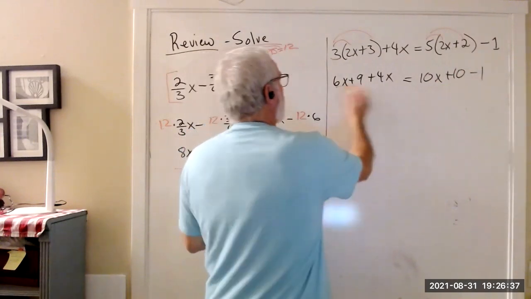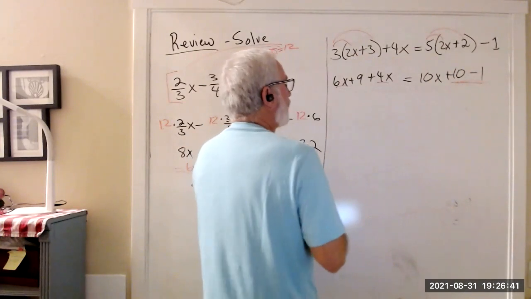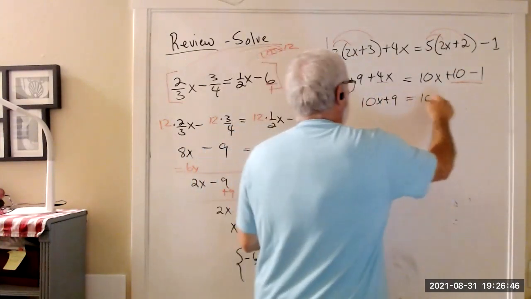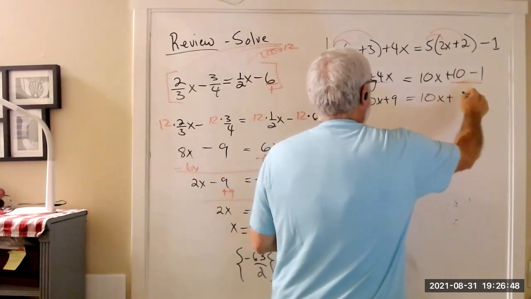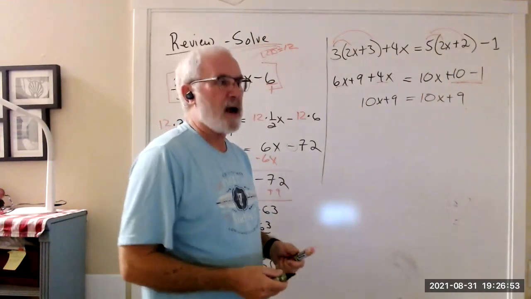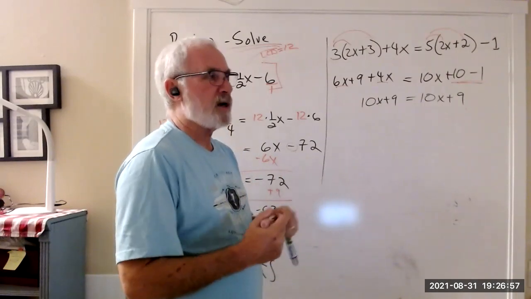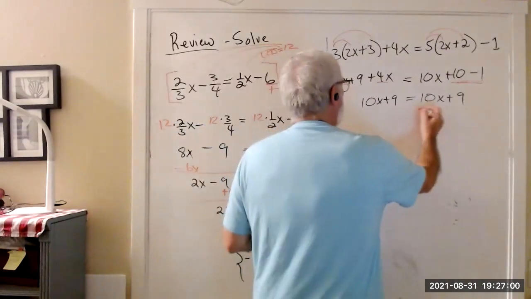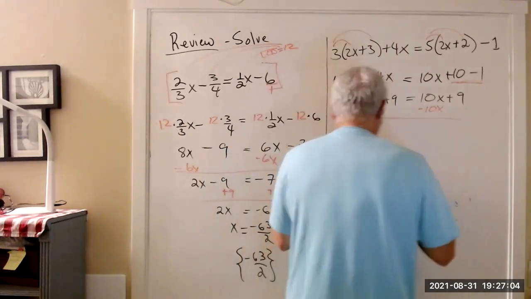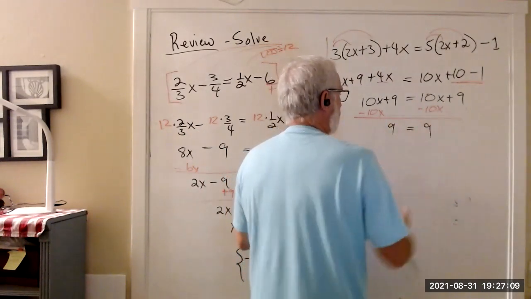If we combine like terms on each side, this becomes 10x plus 9 equals 10x plus 9. Now, some of you can see the answer right now, but I want to continue a little bit more. We need to get our x's together, so we take away 10x from this side, take away 10x from this side, and all of a sudden, we have a problem.